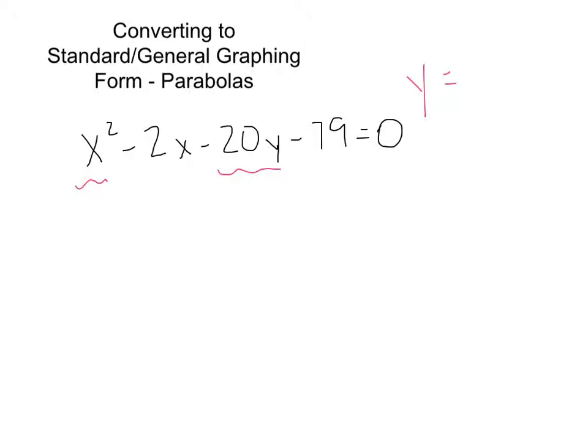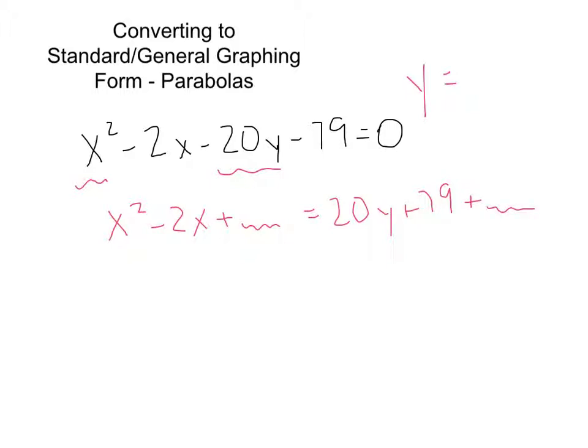So I'm going to move things around, reorganize this equation, and we're going to end up with x squared minus 2x. Then what did we usually want to do here? Plus something equals 20y plus 79 plus something.